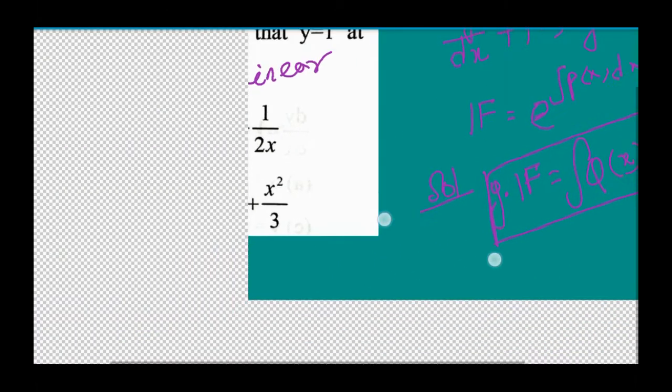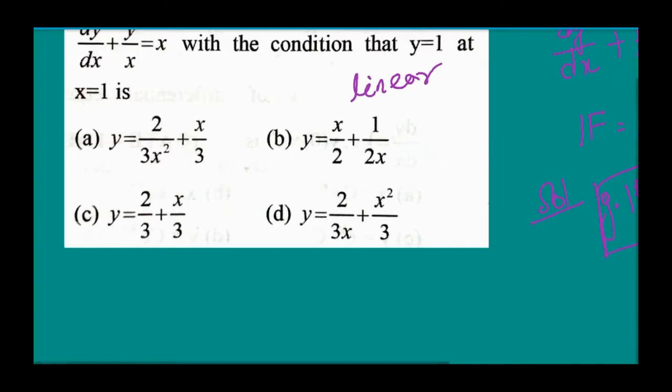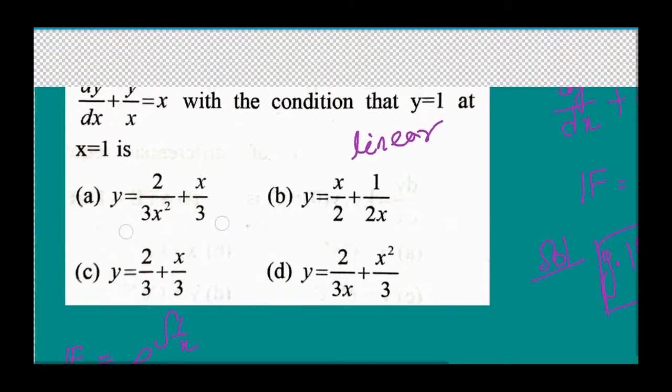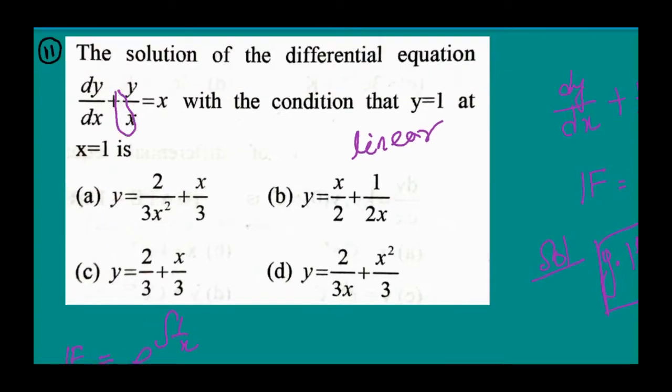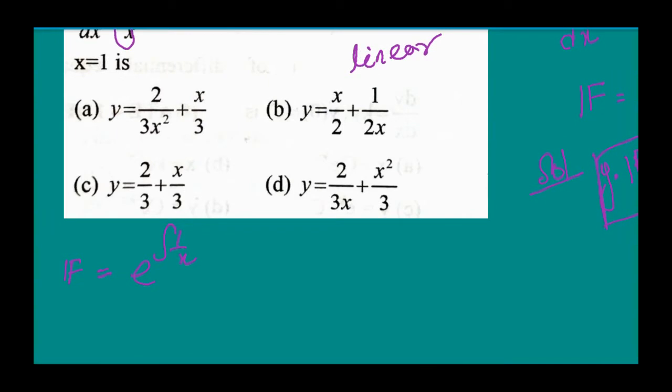So here we have to first calculate the integrating factor. So the integrating factor will be e to the power integration of 1 by x dx. Here Px is 1 by x. So it will be e to the power ln x, and it will be x.